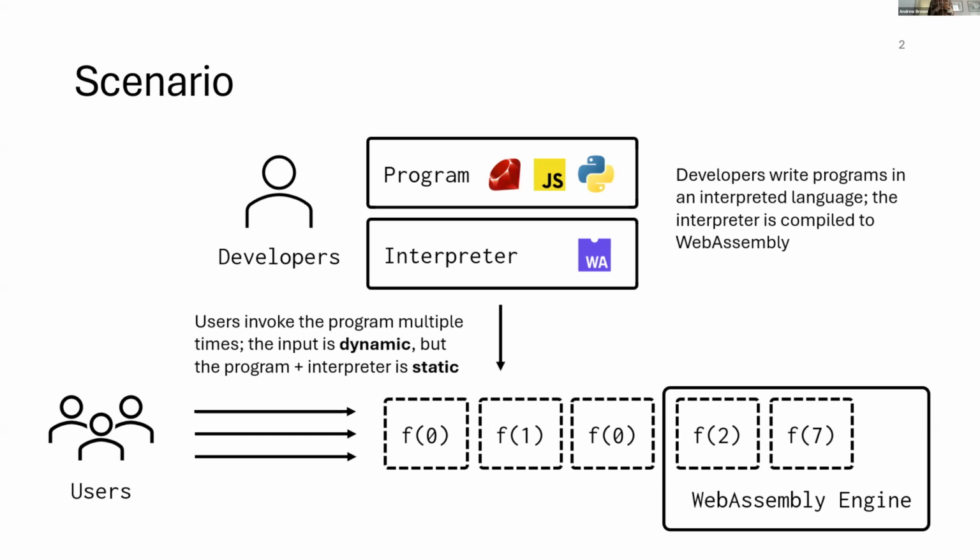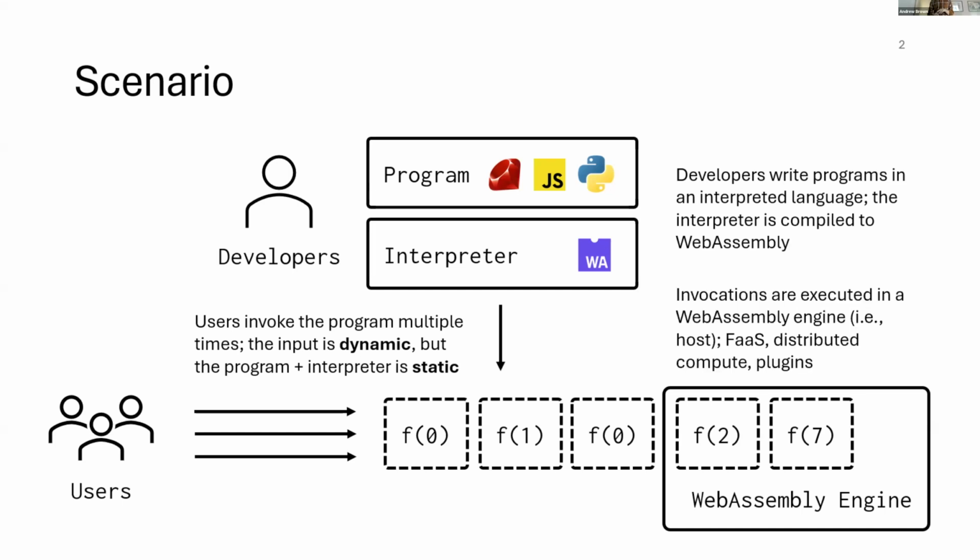And each invocation, though it may be on dynamic user input represented by these numbers here, the program itself and the interpreter are static. And the WebAssembly hosts, like those for function as a service or distributed compute systems, will execute these invocations.